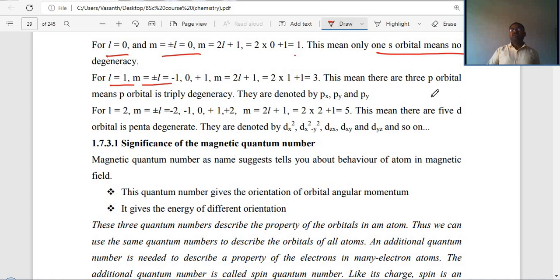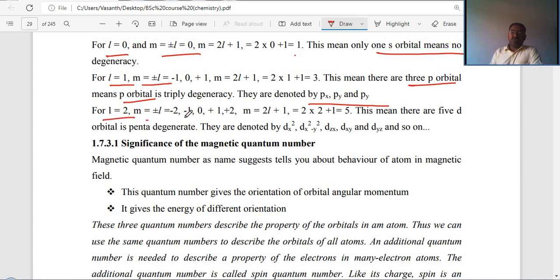This means there are 3 p orbitals, meaning the p orbital is triply degenerate. They are denoted by px, py, pz.